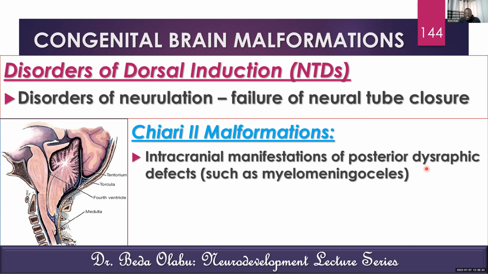Maybe it's a meningocele, myelomeningocele, and the like. And because of that, the spinal cord is somehow held down so that the spinal cord may not be very free to move upwards the way it usually does. Remember, the vertebral column outgrows the spinal cord.